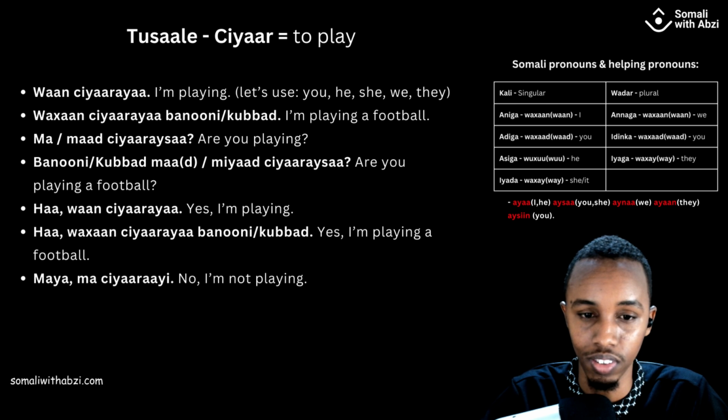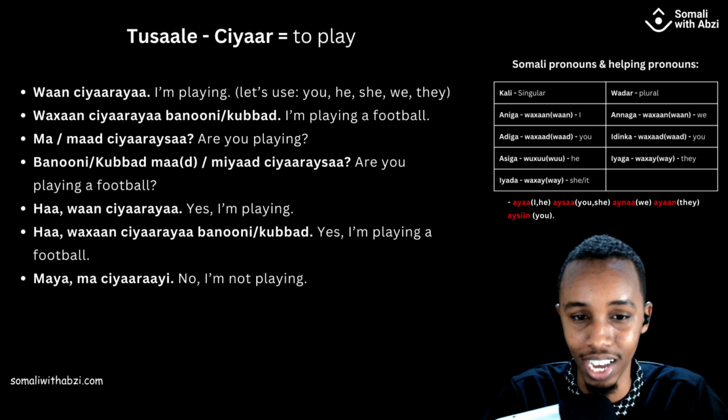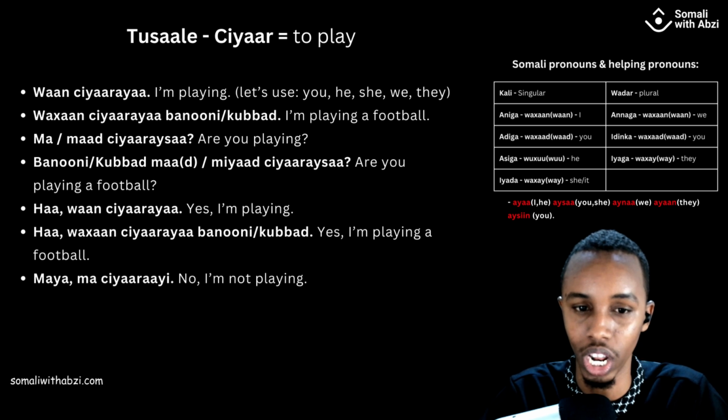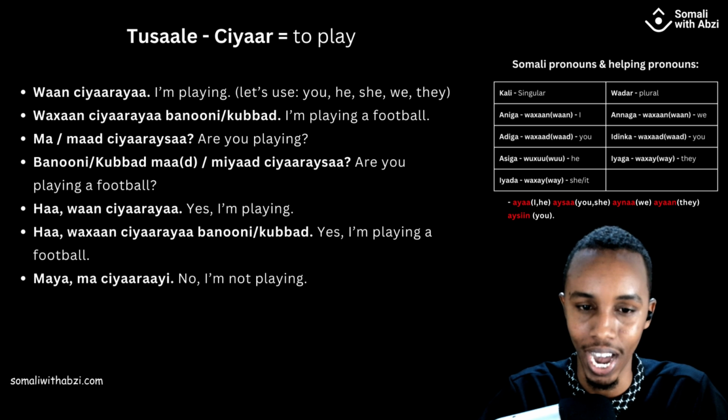The first sentence is waan ciyaarayaa. That's I'm playing. So you're gonna also do you, he, she, we, they, and you plural. So waan ciyaarayaa, we said, is because ciyaar is the verb. Ayaa is the ending, ing in Somali, for I, and waan is the helping pronoun for I, especially the short helping pronoun. The long was waxaan.